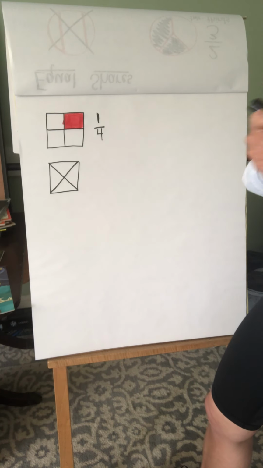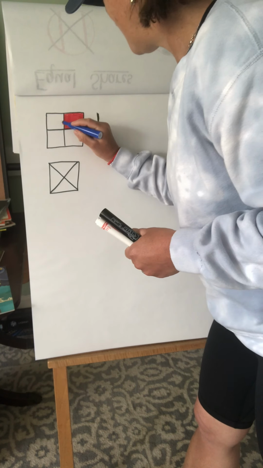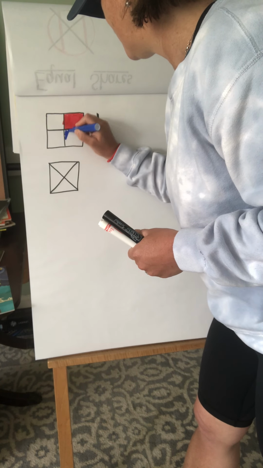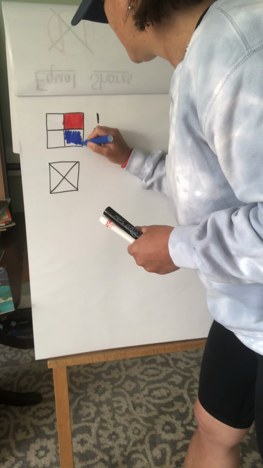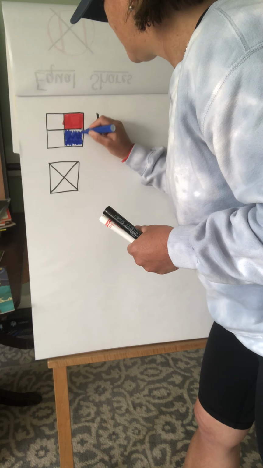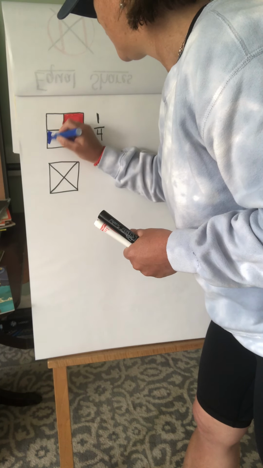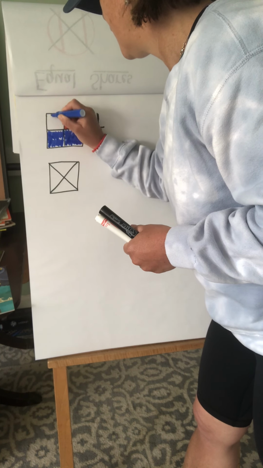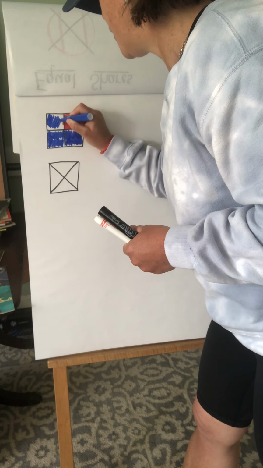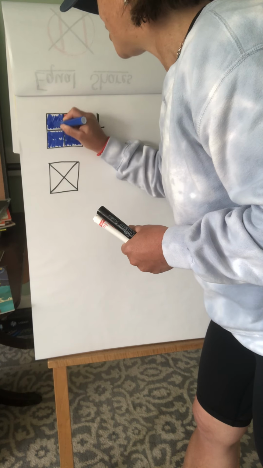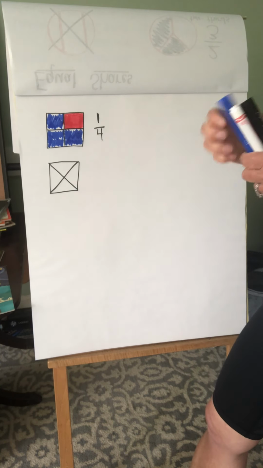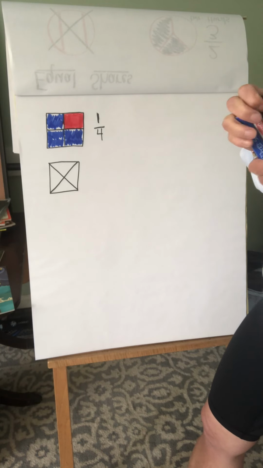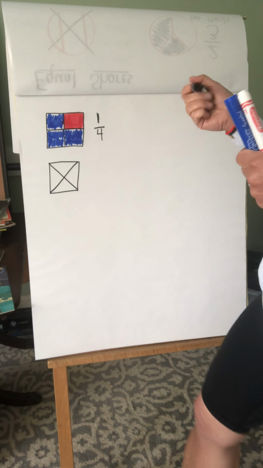But what if I take my blue marker and I color this part blue, and this part blue, and this part blue? What fraction of my square is blue?